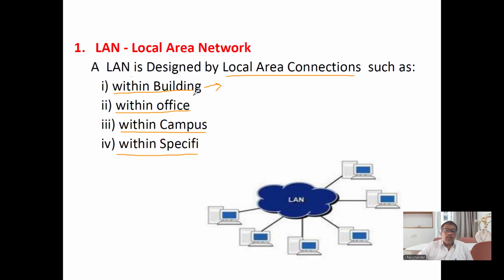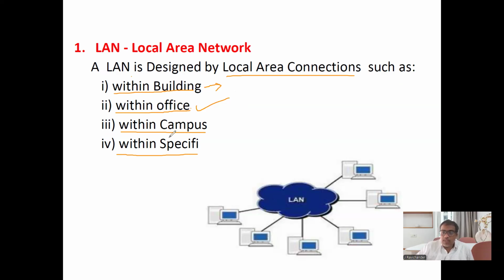Now another one, within an office. If you go to any office, to connect the employees within a room or the same building without internet, we use local area networks.